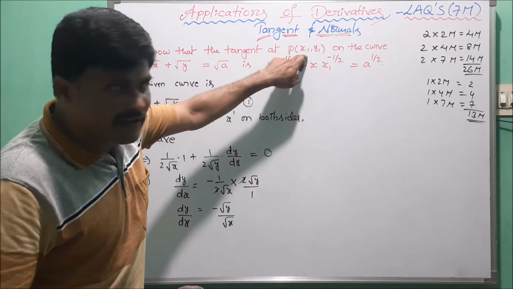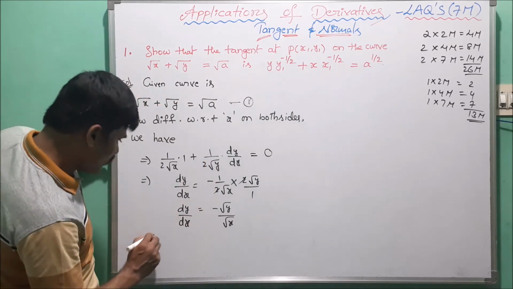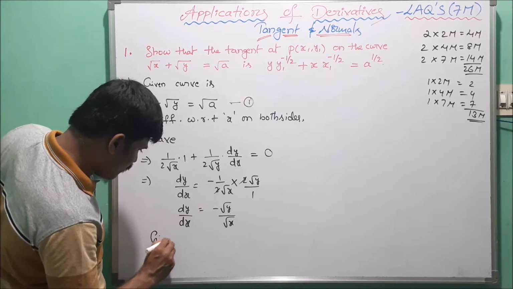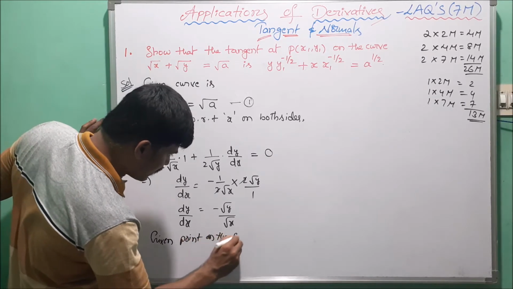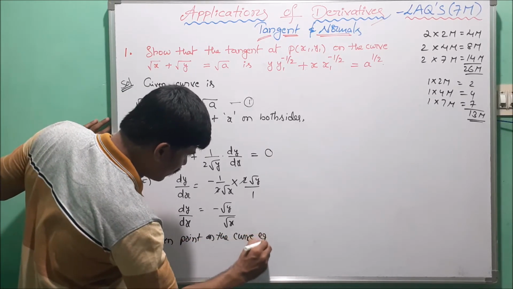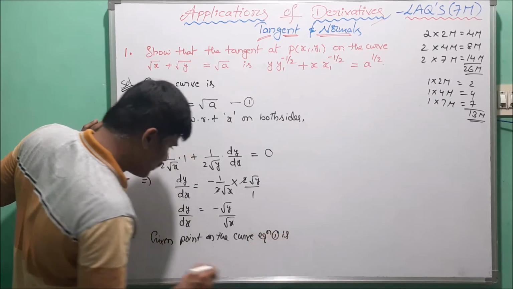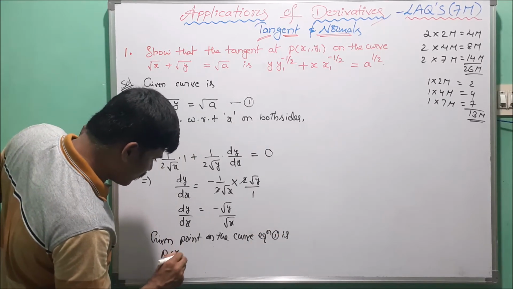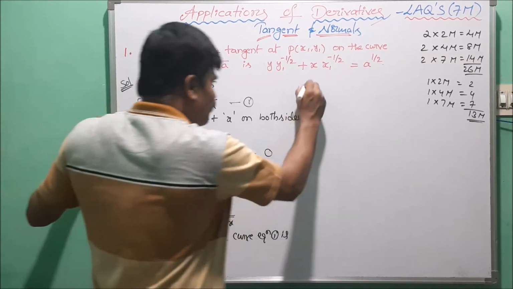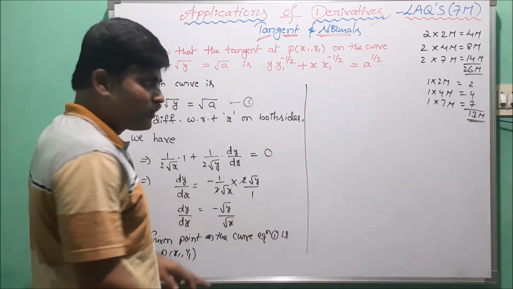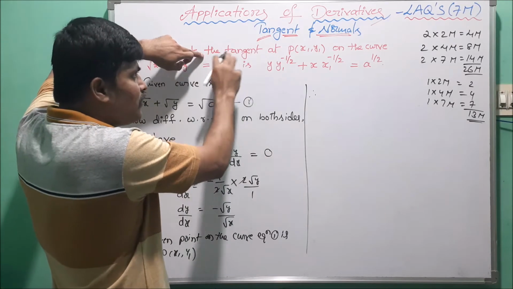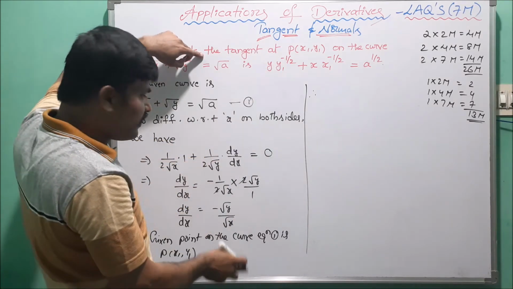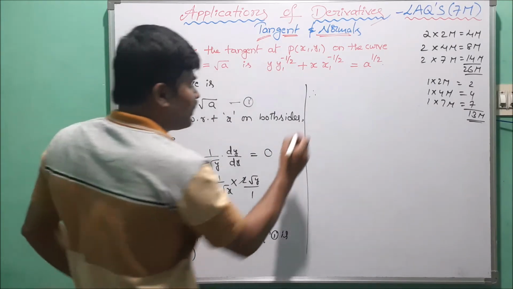Now we have to find the slope of the curve. The point is already given, p(x1, y1), a point on the curve, equation 1. Before finding the equation of tangent, first find the slope of the tangent.